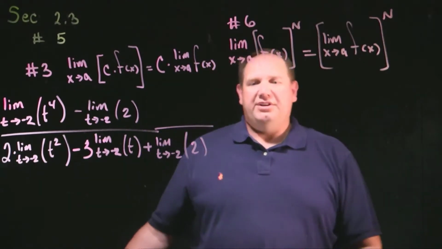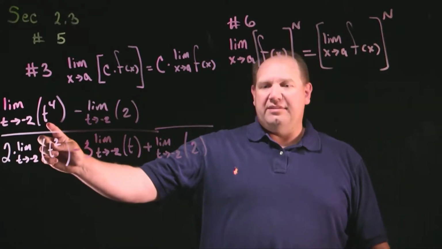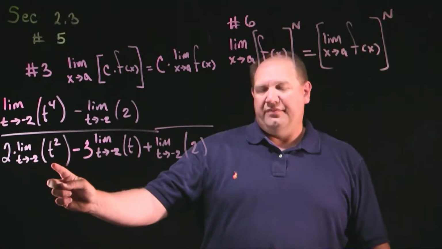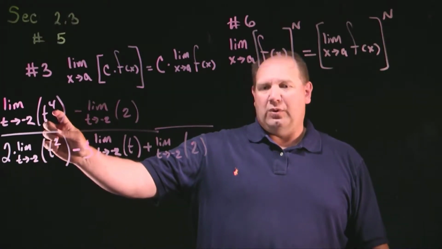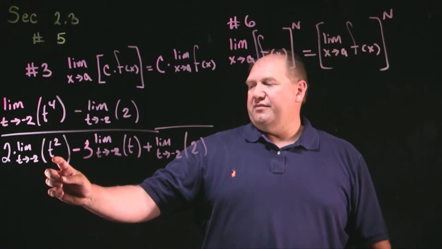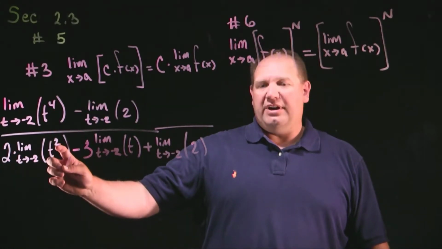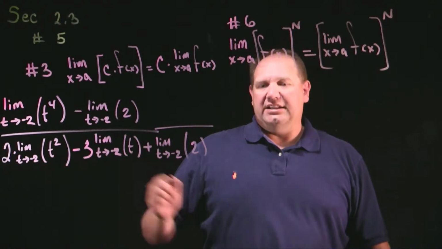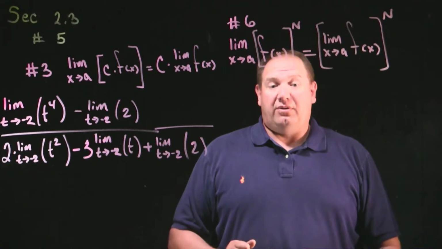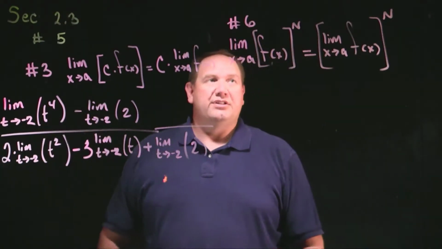And that's the situation that we have for this limit and for this limit. This is f of t raised to the fourth. This is f of t raised to the squared. So I'm going to take the actual function and put it on the inside and square the whole thing and raise the whole thing to the fourth.